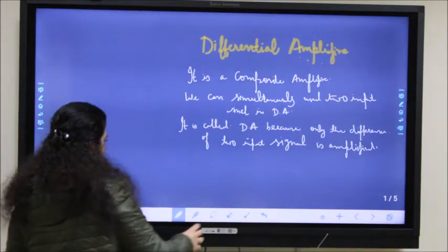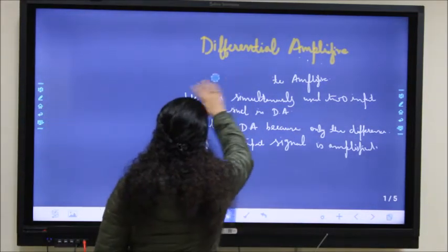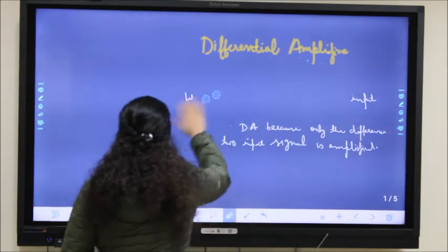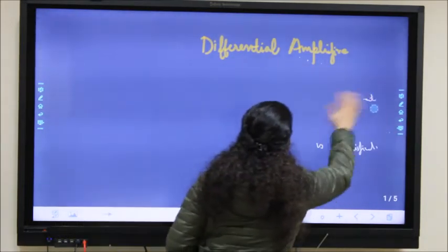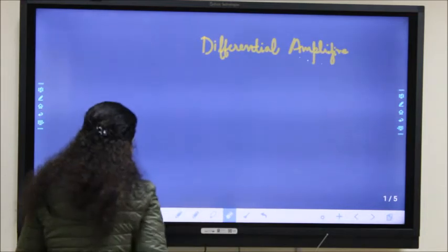Now let us move to the basic circuit diagram of differential amplifier.